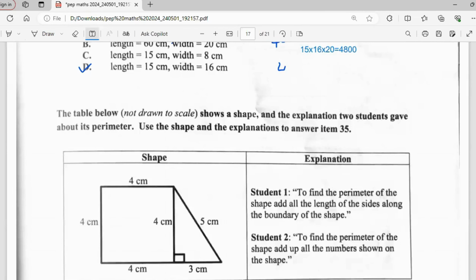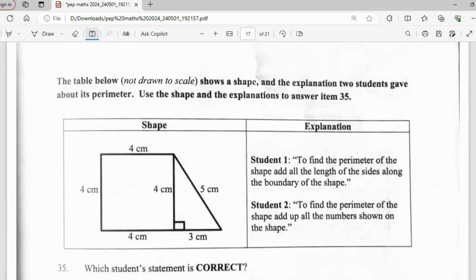The table below in Dr. Johnson's class shows a shape and the explanation 2 students gave about its perimeter. Use the shape and the explanations to answer item 35.